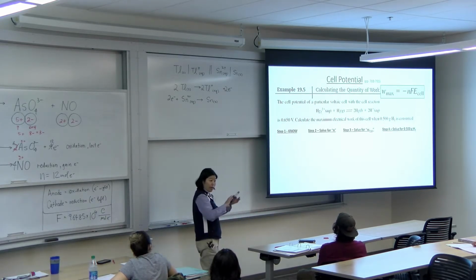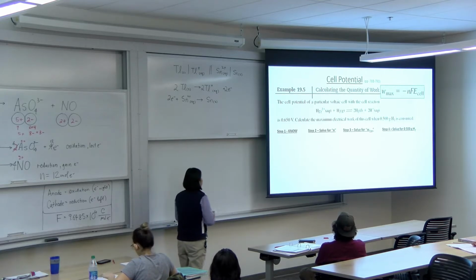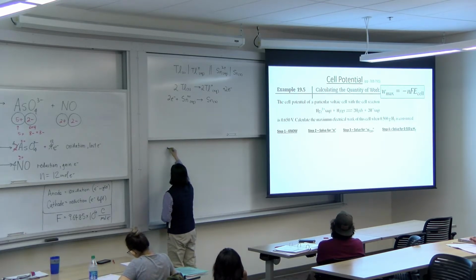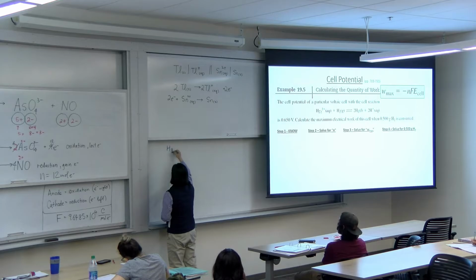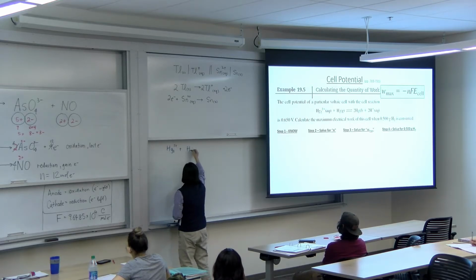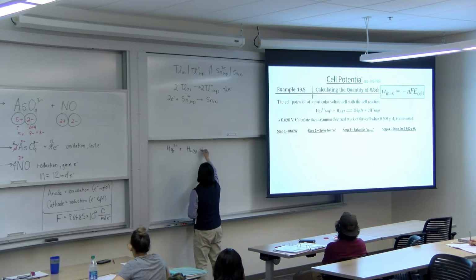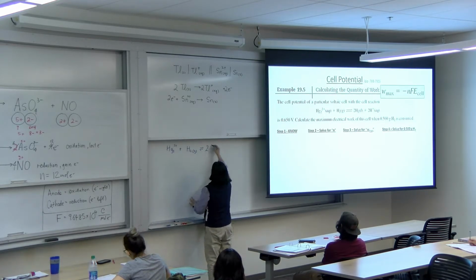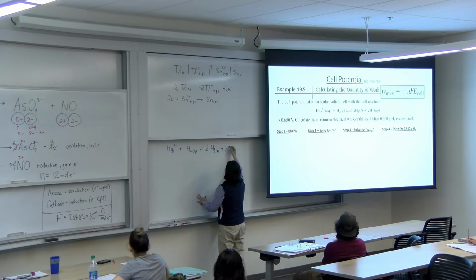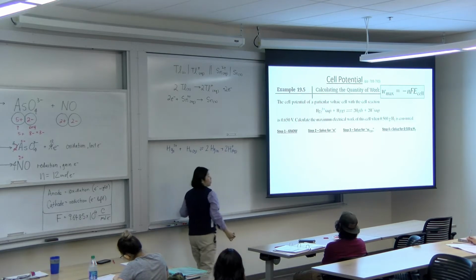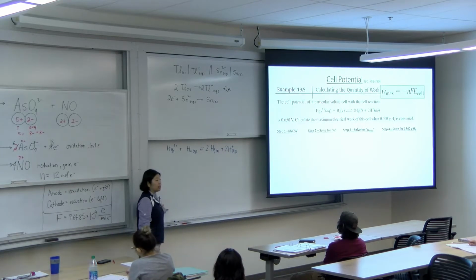So we're going to write your two balanced half reactions. So Hg2 2+ plus H2 gas gives you 2 Hg liquid plus 2 H plus aqueous. So Andrew's suggestion is let's write our two half reactions, and I agree with him.